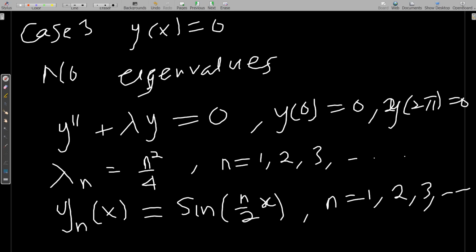Okay, so these are what we call the eigenfunctions and eigenvalues of this corresponding question.